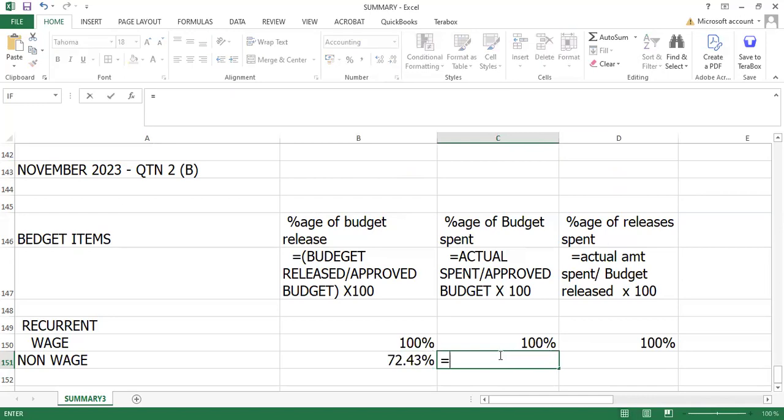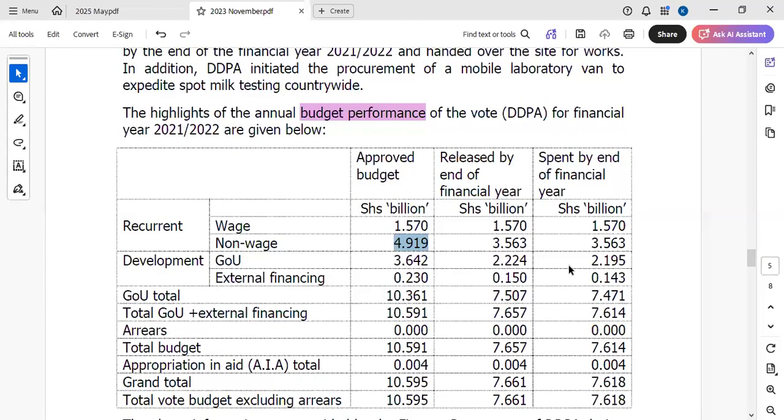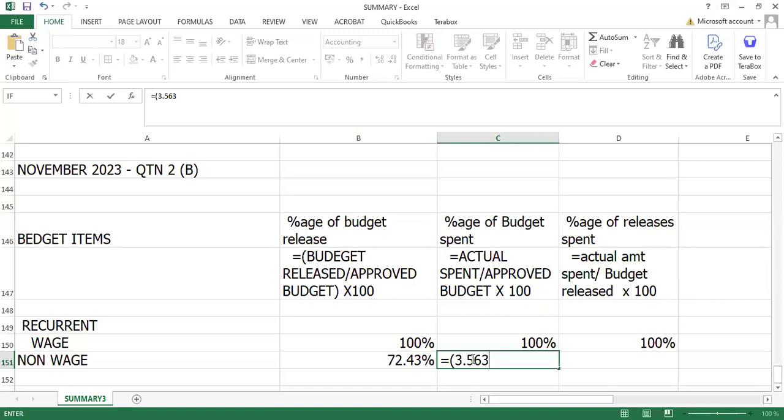Budget spent. The actual amount spent is how much? The actual amount spent. Last column, we have the actual amount spent. Is here. I think it will be the same. So you do this one by one. Okay, it is still the same.